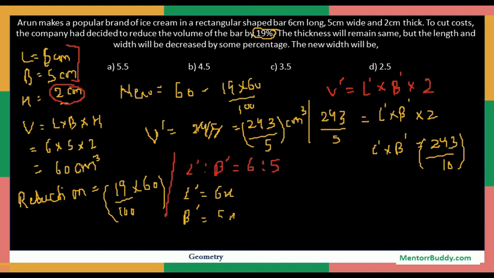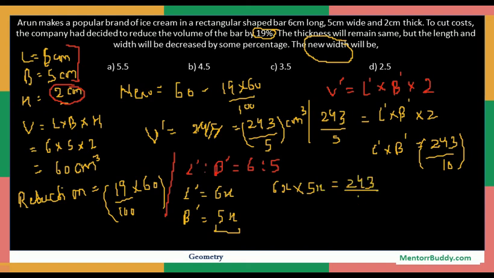And the question was, what will be the new width? Implies we need to figure out the value of 5x. We know the product of L dash and B dash we have already calculated to be 243 by 10. So 6x into 5x is equals to 243 by 10.